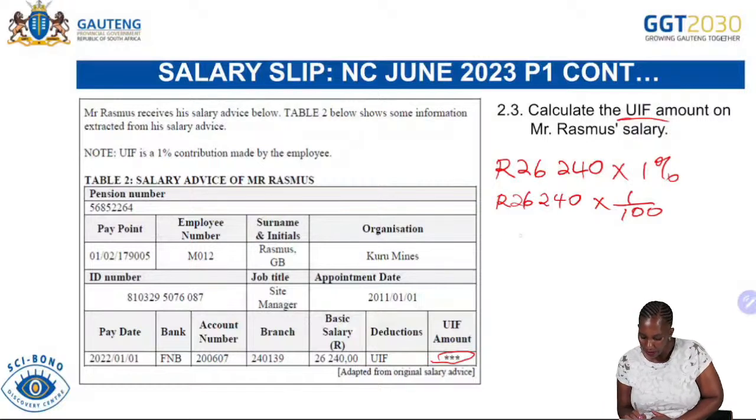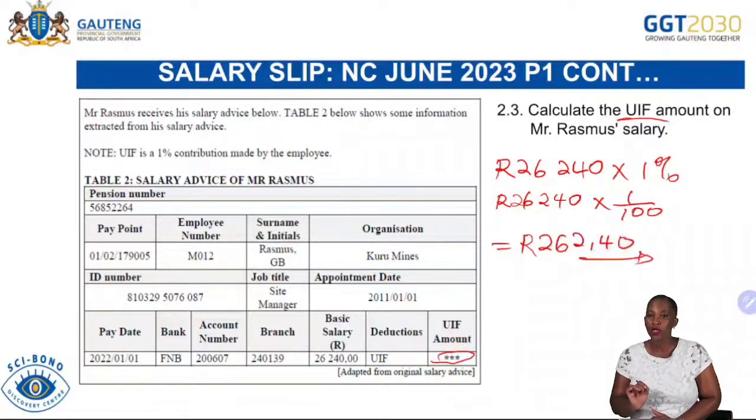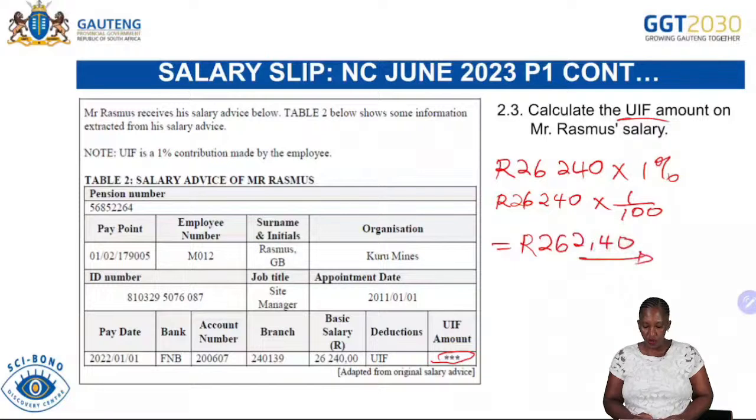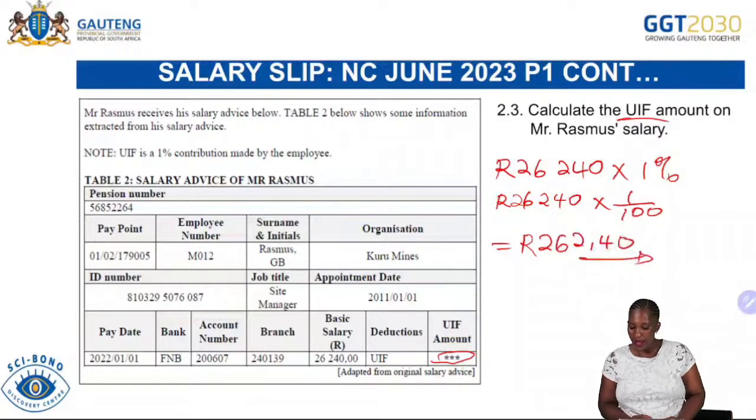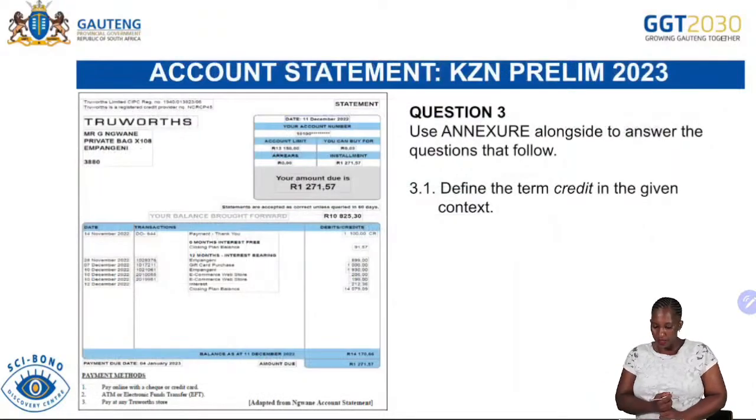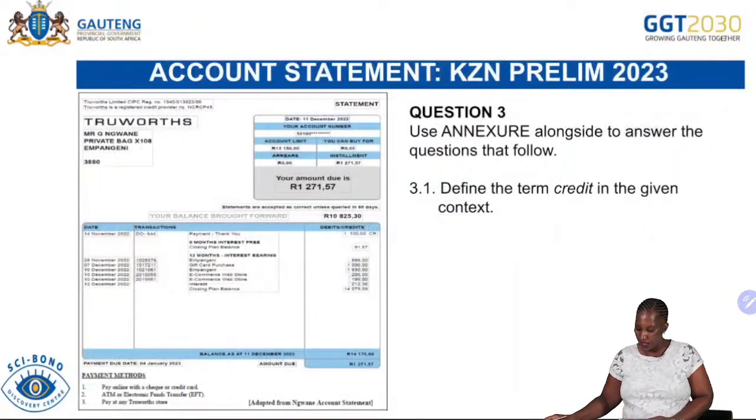The answer will be 262 rand 40 cents. So this is what Mr. Rasmus is contributing towards the UIF, 262 rand 40 cents. Now let's move to the next question now.